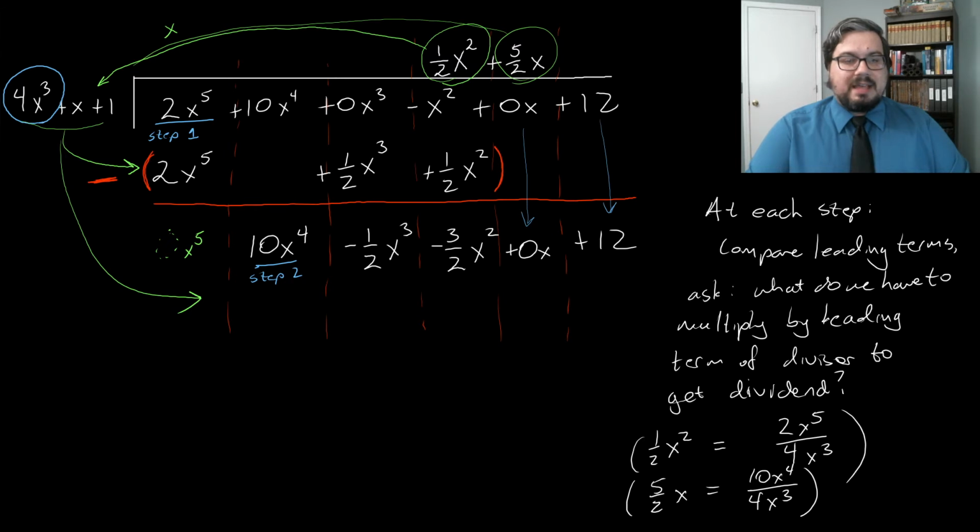So 5/2 x times 4x cubed gives us 10x to the fourth as designed. 5/2 x times x gives us 5/2 x squared. Make sure to put it in the right column. And then 5/2 x times 1 gives us 5/2 x. All right, we multiplied, brought it down. Now we're going to subtract again.